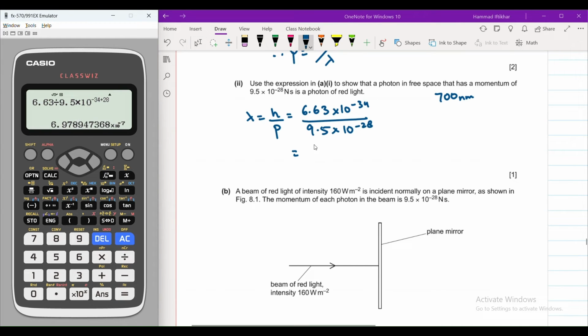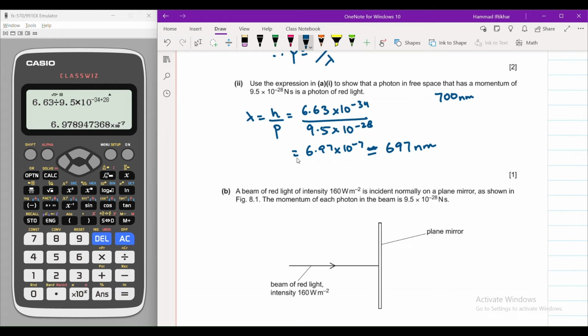That is around 6.97 times 10 to the power minus 7, which is 697 nanometers.